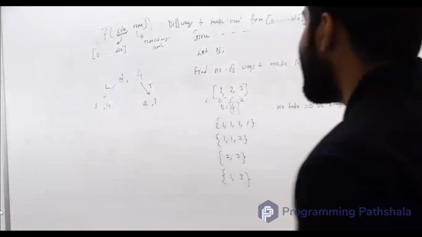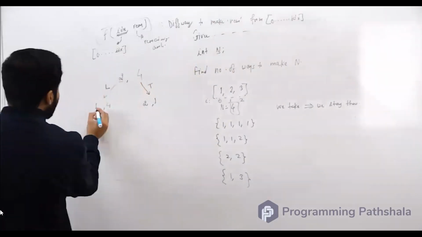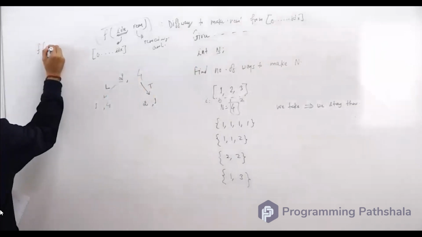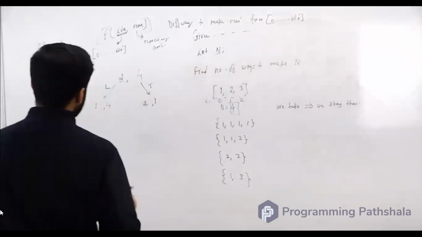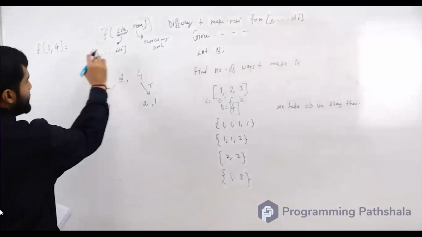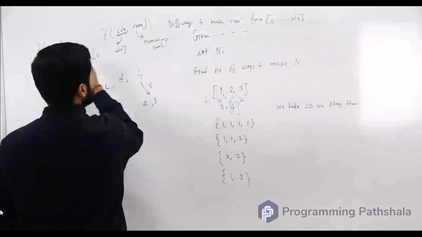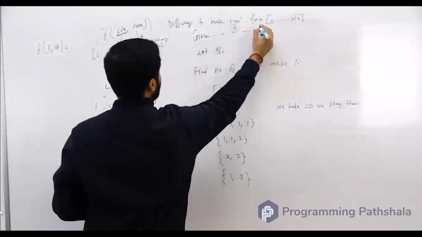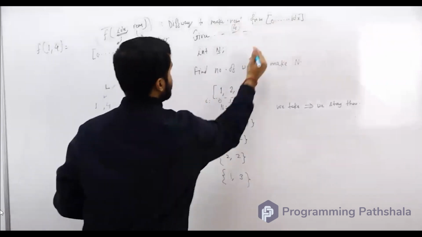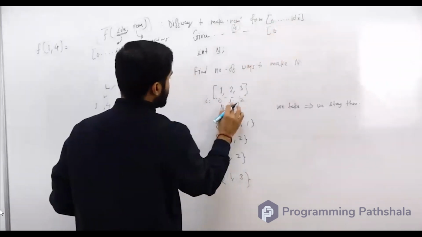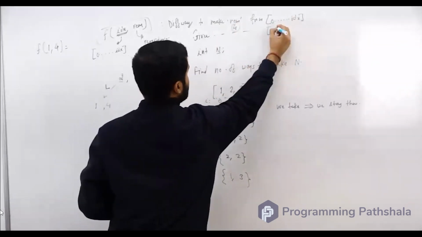So you can take a quick example. What should be the value of f of 1 comma 4? The meaning of f of 1 comma 4 is different ways to make 4 from the remaining array, which is from index 0 to 1. From 0 to 1 you have got 1 comma 2.